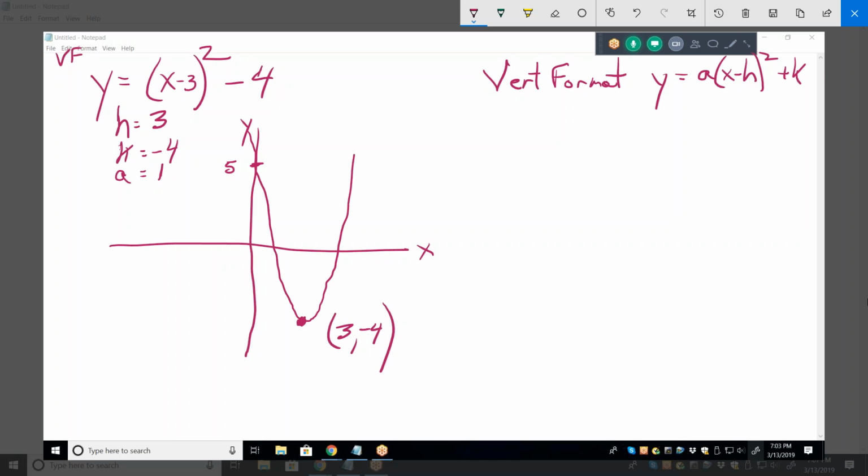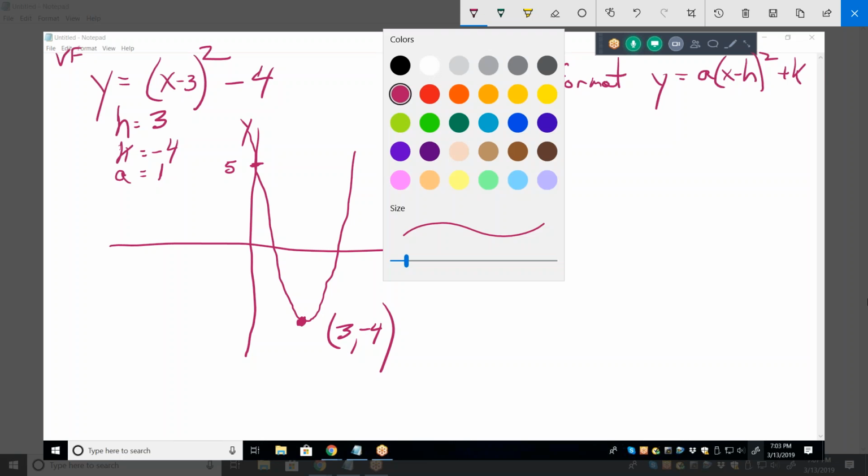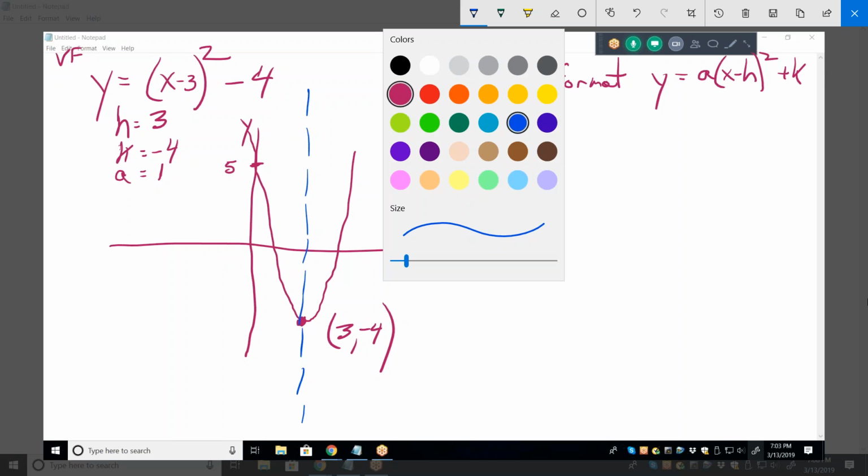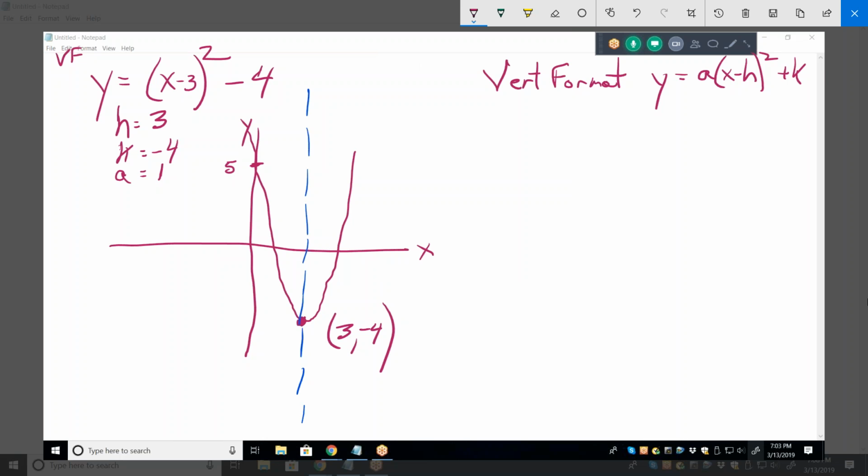Now, because the parabola is symmetrical about the line of symmetry, and the line of symmetry is an imaginary vertical line that goes through the vertex, the key thing is this point right there is the same distance from the line of symmetry as this point is.